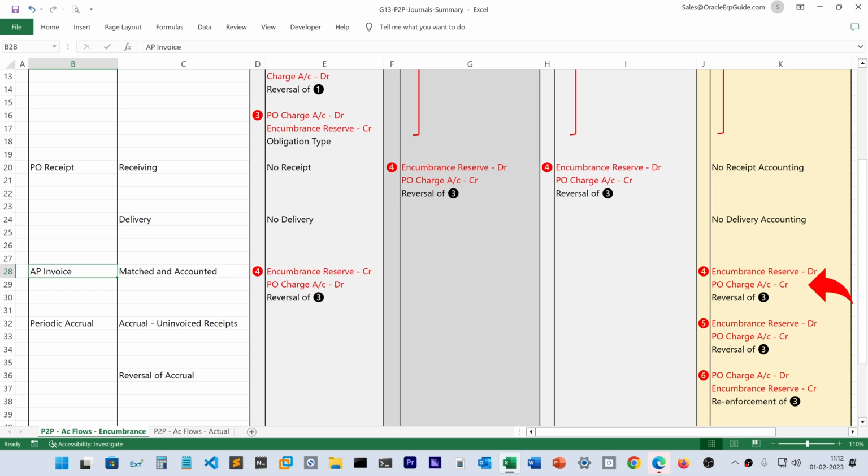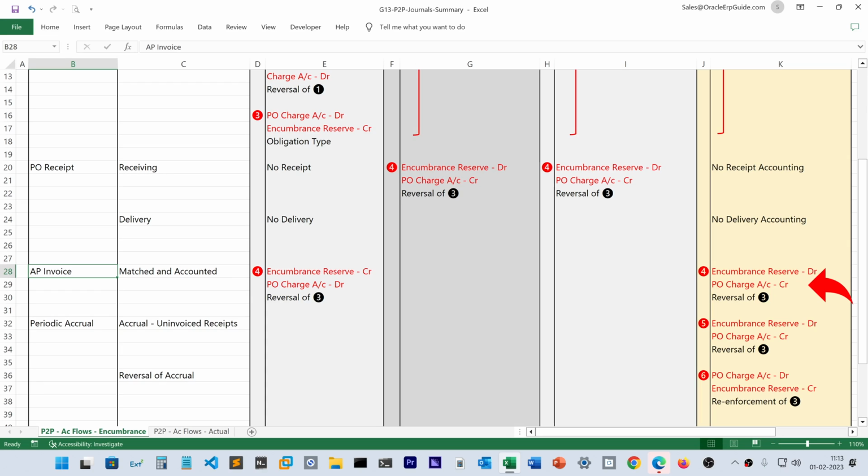Suppose your invoice comes in 3rd February for something you procured in January. So at the end of January, the periodic accrual will happen first. That is another case. Or if you have received an AP invoice, let us say on 25th of January for the January procurement, then your accounting for the invoice will happen before the period expires.